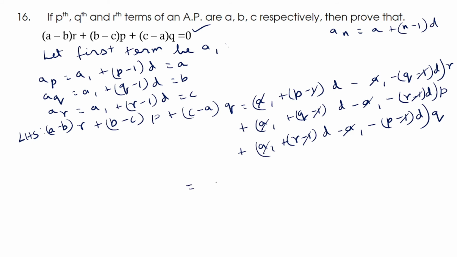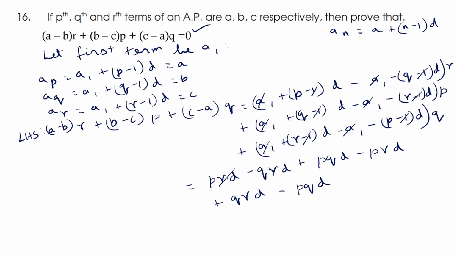So this is equal to PR into D minus QR into D plus PQ into D minus PR into D, then plus QR into D minus PQ into D. So PR into D minus PR into D will go, minus QRD plus QRD plus PQD minus PQD. All these will cancel out and we get this is equal to 0.